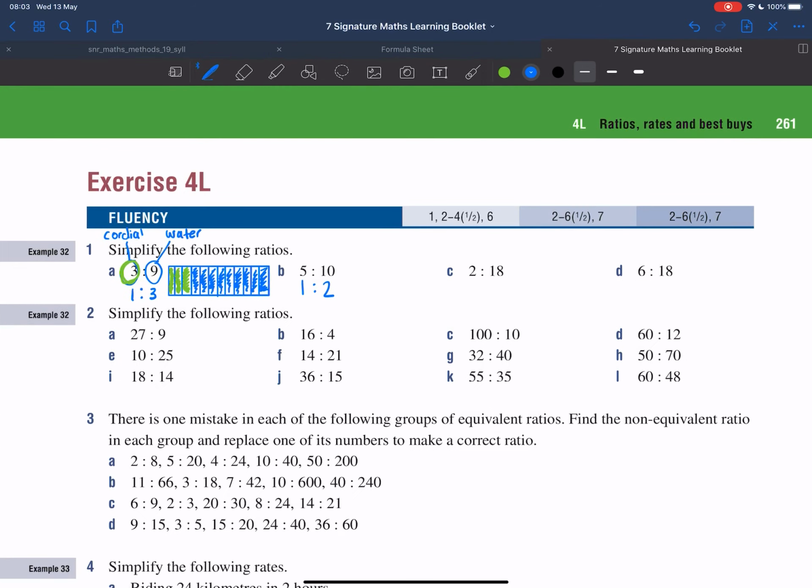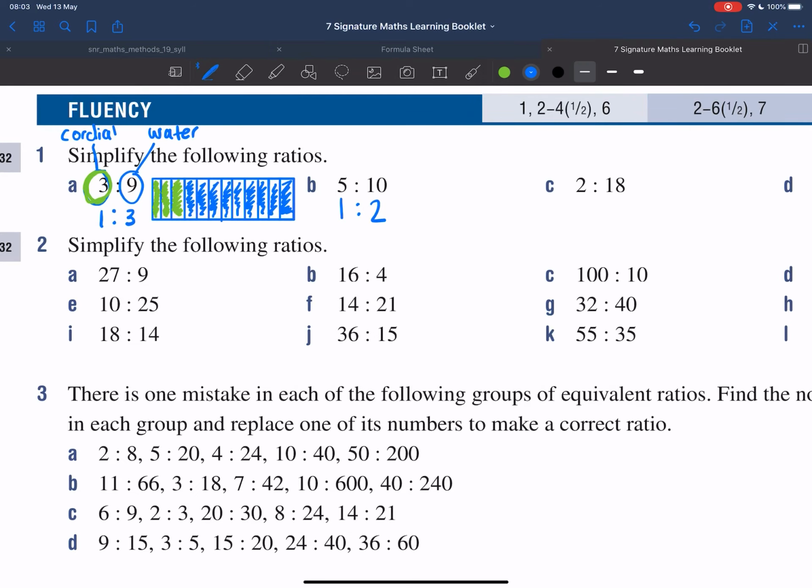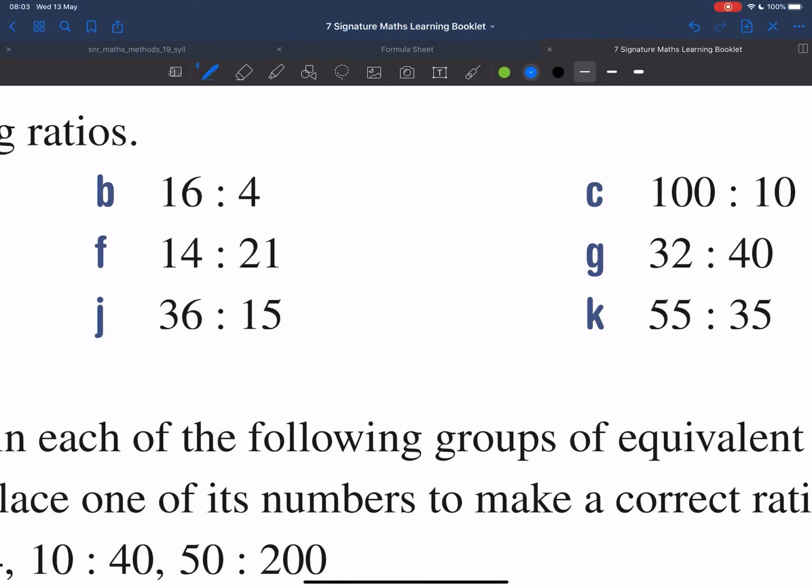All right, let's do something a little bit more complicated. Let's go to part J, 36 to 15. First step, can we divide by 2, or can we halve these numbers? We can't, because 15 is odd. What about 3? We can, but 3 is a pretty small number.